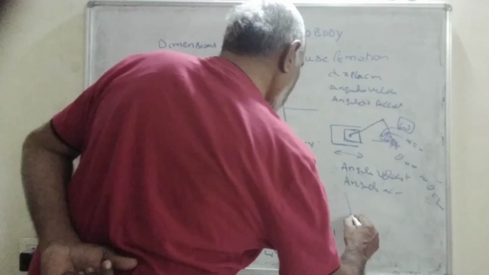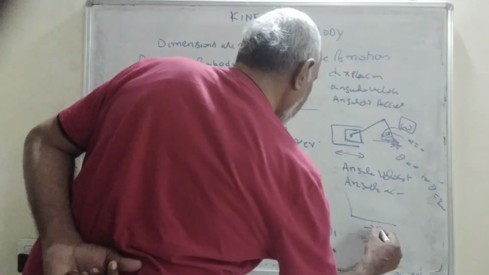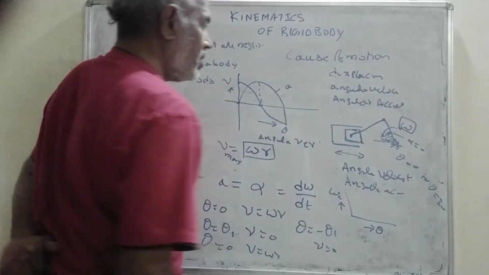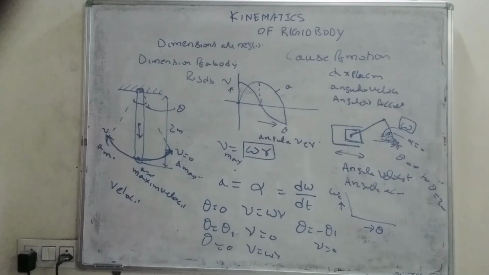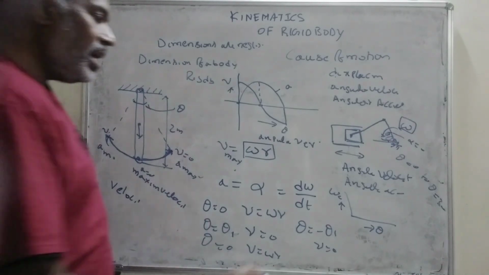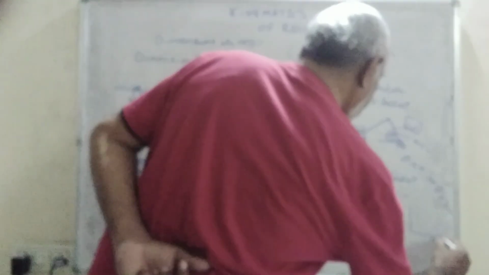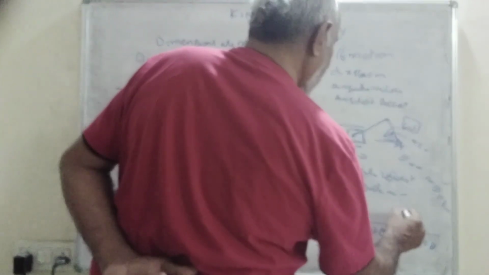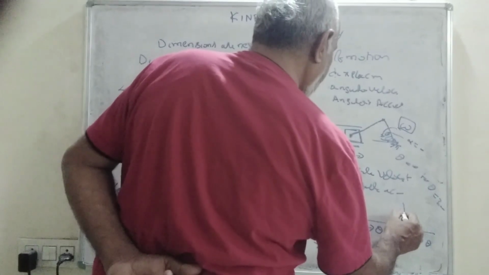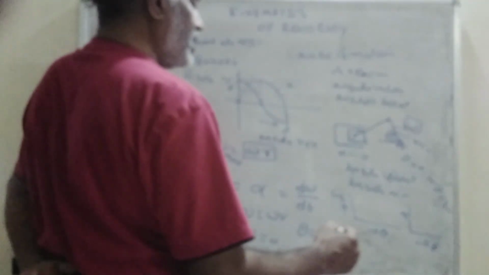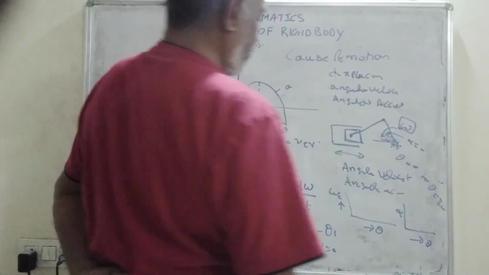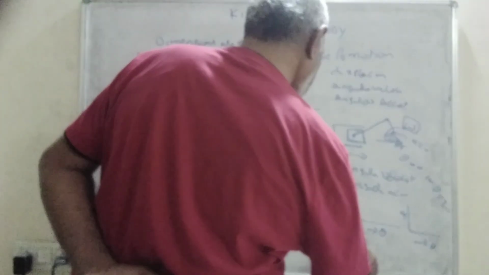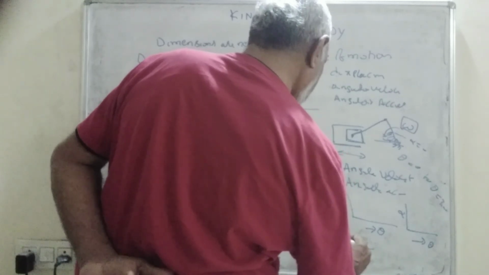So this is theta and this is omega, the angular velocity of the connecting rod. Similarly, this is theta, 0 to 360 degrees. The crank has radial and normal acceleration, alpha r and omega square r.